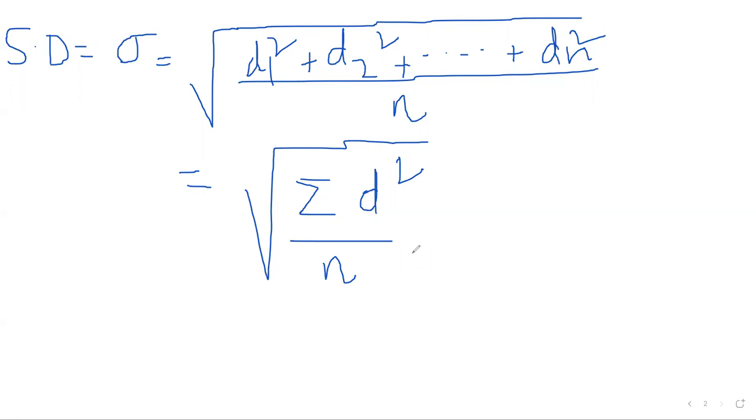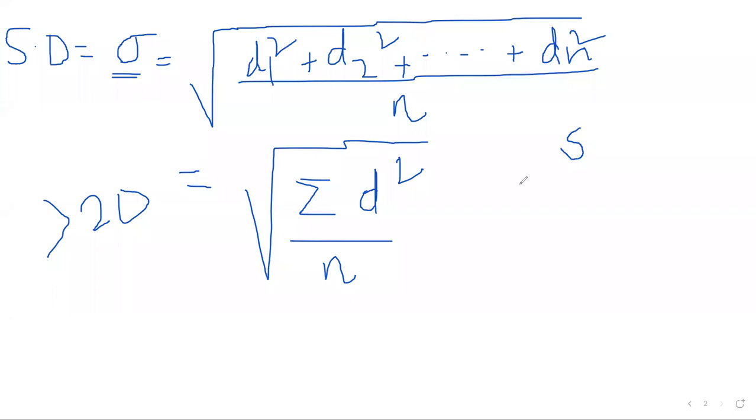When the number of observations is greater than 20, this is a very important note, the standard deviation is denoted by the symbol I have drawn. If the number of observations is less than 20, we use the symbol S.